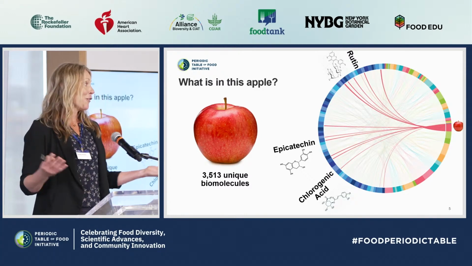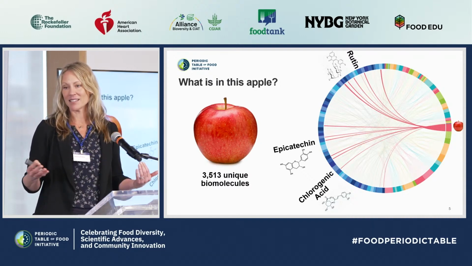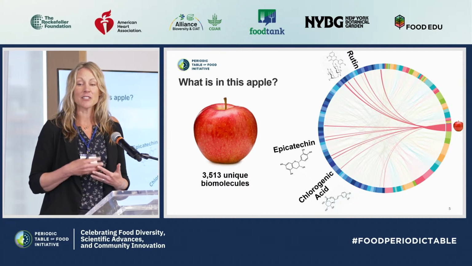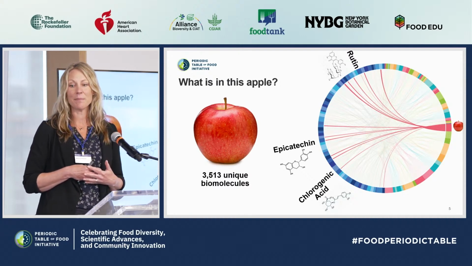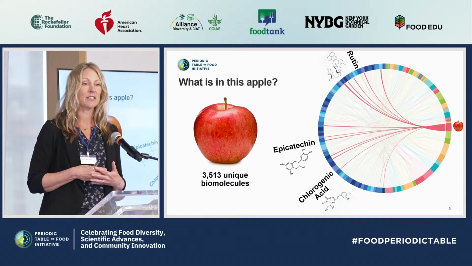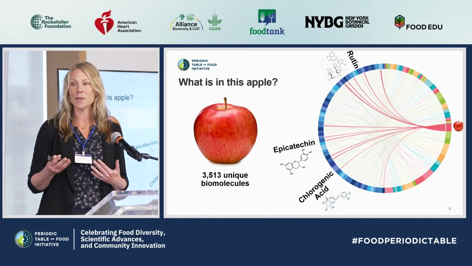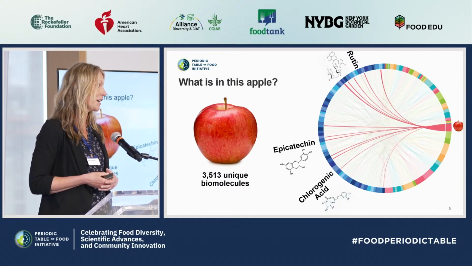But one of our goals of the PTFI is to extend our measurement of these non-essential nutrients that could have impact on human or planetary health. I've highlighted a few of these compounds in this example: rutin, epicatechin, and chlorogenic acid. These are specific polyphenols that we detected in apples that have been shown to be powerful antioxidants and have anti-inflammatory properties.